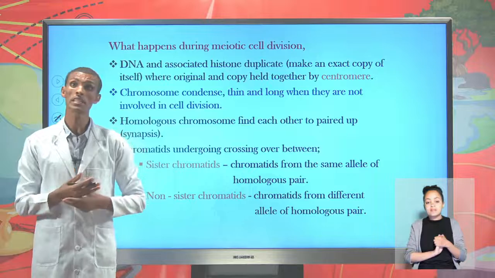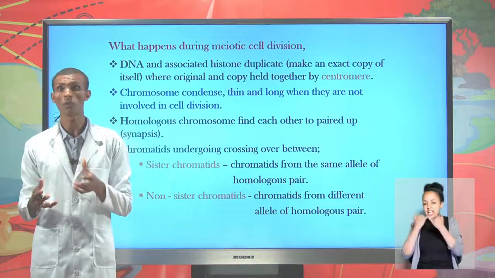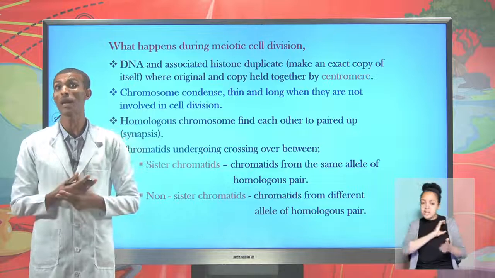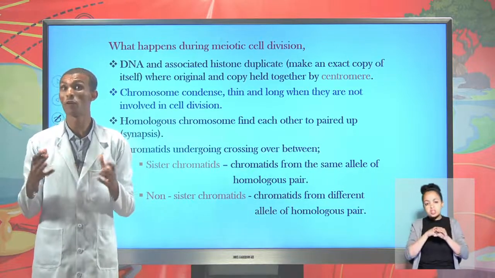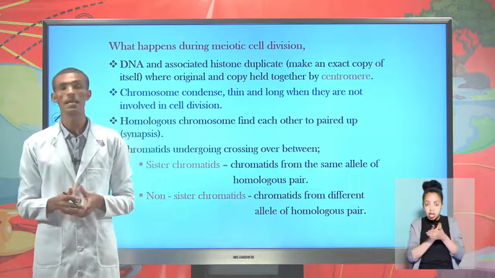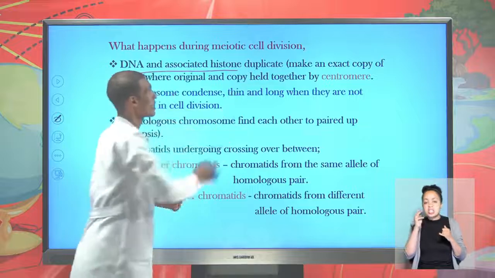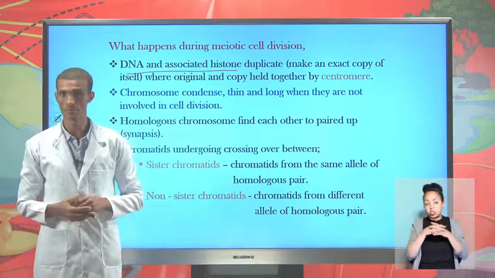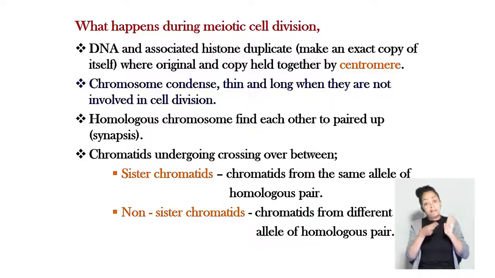During meiotic cell division, some biological processes take place. Before meiosis begins, DNA and its associated proteins, which we call histone proteins, are duplicated. To duplicate means to make an exact copy of itself.